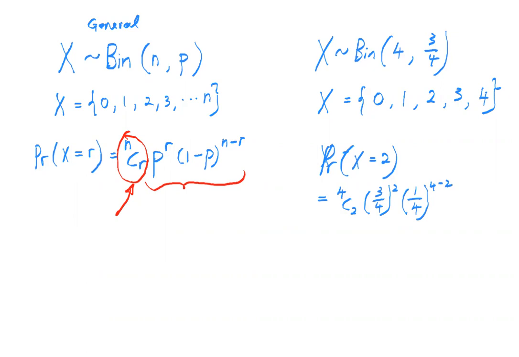The best is use our GC, binom PDF, and key in n, p and the r, answer.